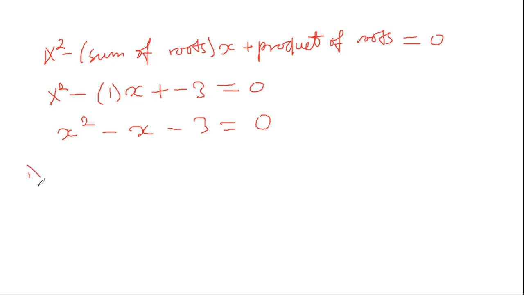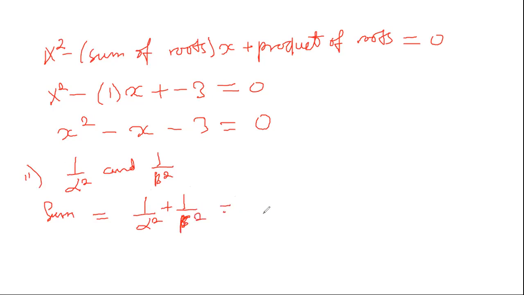Then part 2, we can find an equation which has roots 1 over alpha squared and 1 over beta squared, still using the same quadratic equation. So still we shall begin by finding the sum, which will be 1 over alpha squared plus 1 over beta squared. Here we shall have LCM, which is alpha beta squared, and here we shall have alpha squared plus beta squared.